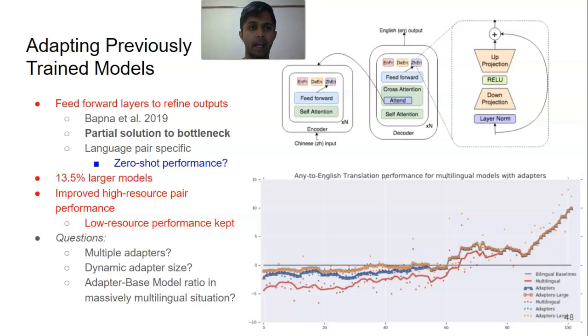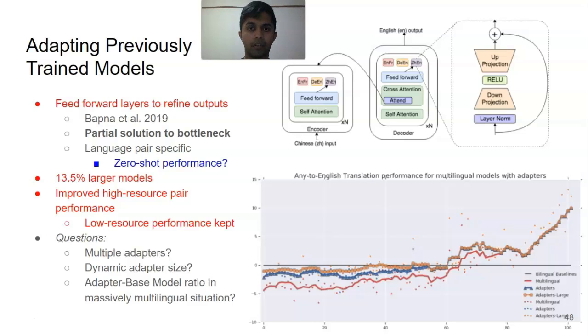Bapna et al. did exactly that, where they introduced adapters on top of the encoder and decoders. So adapters are small feed-forward layers that focus on a specific language or specific language pairs. So what they did is, for the language pairs that they're interested in, they introduce small feed-forward layers and place these layers on top of the encoder and the decoder components.